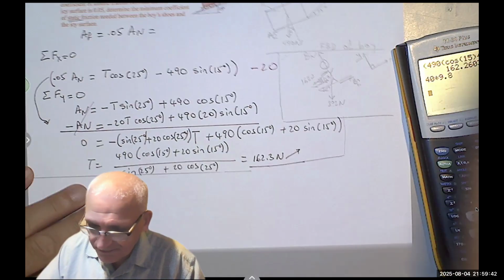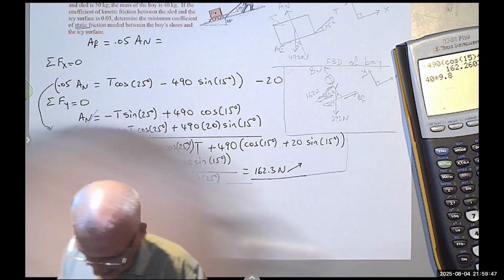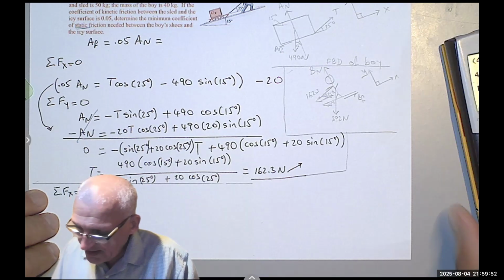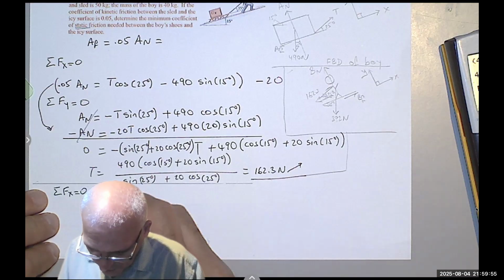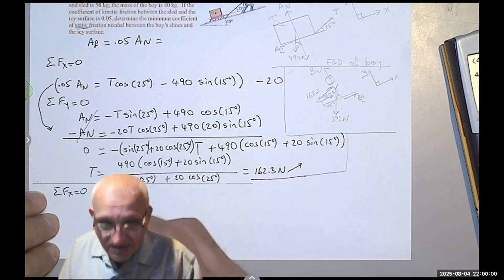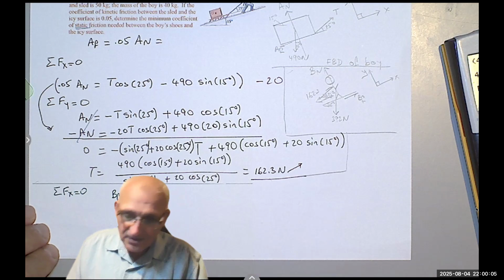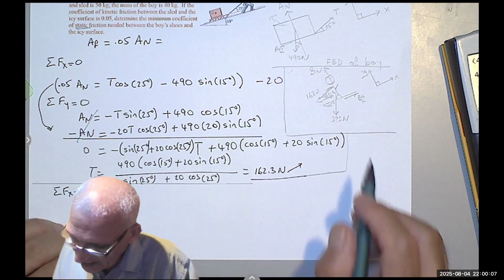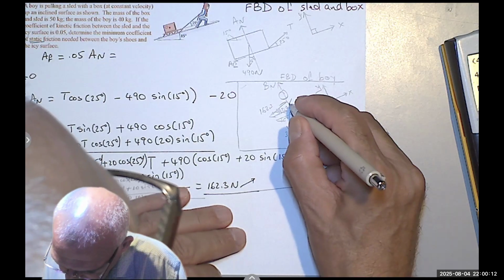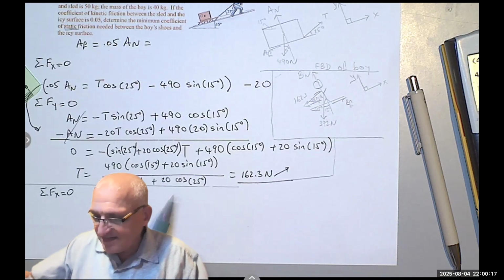Okay, so let's write the equations of equilibrium. Summation of the forces in the x equals 0. In the x direction, I have B sub f going to the right. Notice I will do the same as I did before. Everything moving to the right, I would make it negative. Anything to the left, I would consider it positive. Again, this angle is 15 degrees. So I don't have anything going to the right.